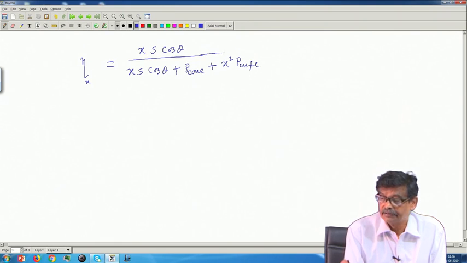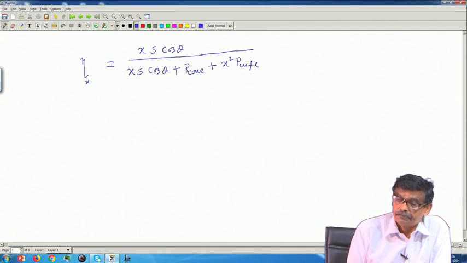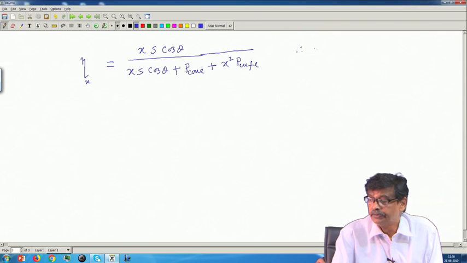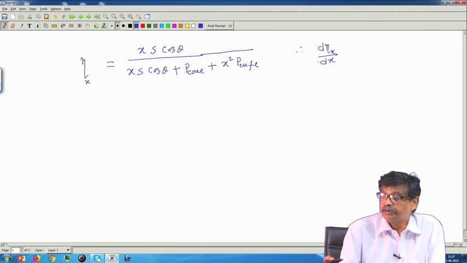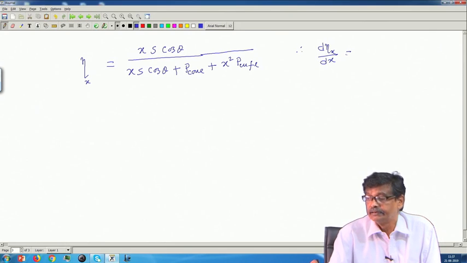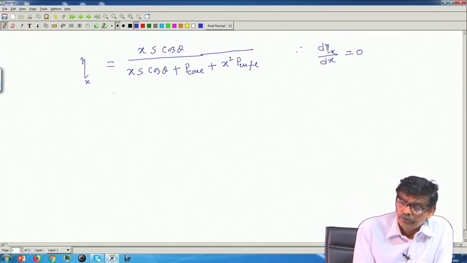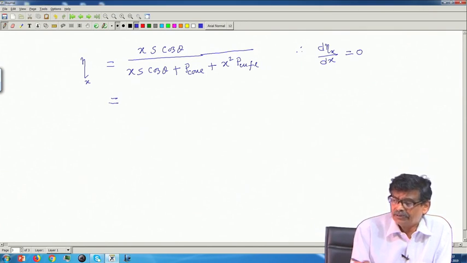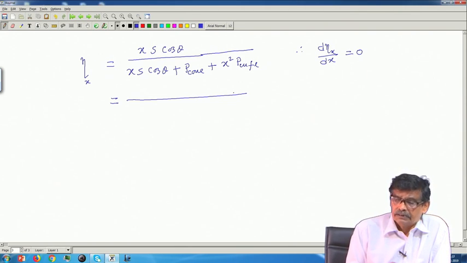This is the expression, and only under the condition you are varying x, you want to know at what value of x this efficiency is maximum. What you have to simply do is differentiate this expression with respect to x and set it to 0 and get the value of x. But that I will do in a slightly different way, so as to reduce my mathematical effort to get this value.